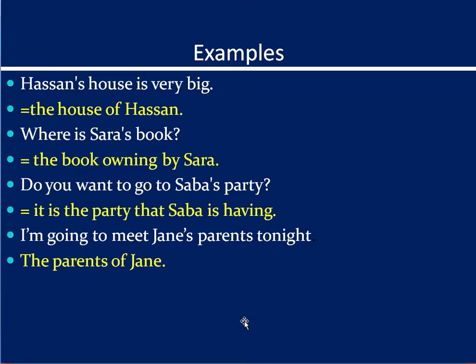So it is correct, Sabah's party. It is the party that Sabah is having. Another sentence: I'm going to meet Jane's parents tonight. Here apostrophe S is used with Jane and it shows belonging to the parents of Jane.